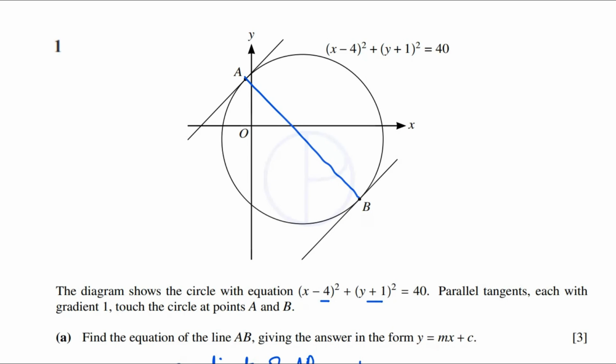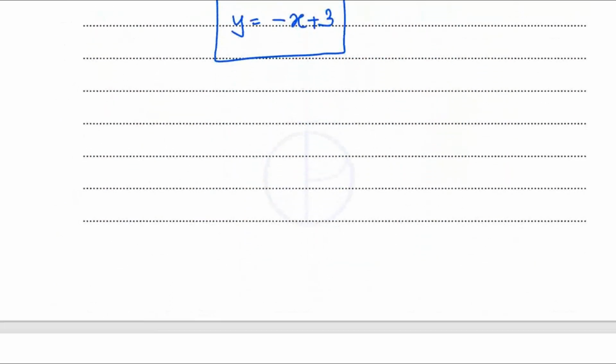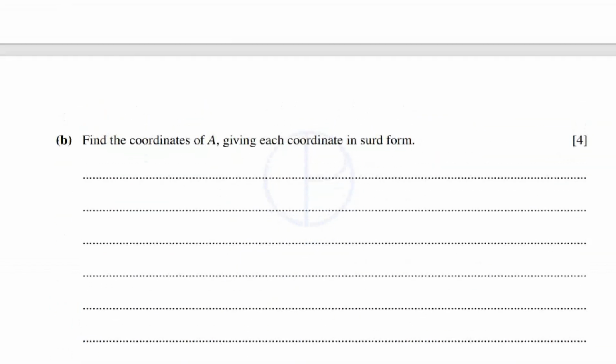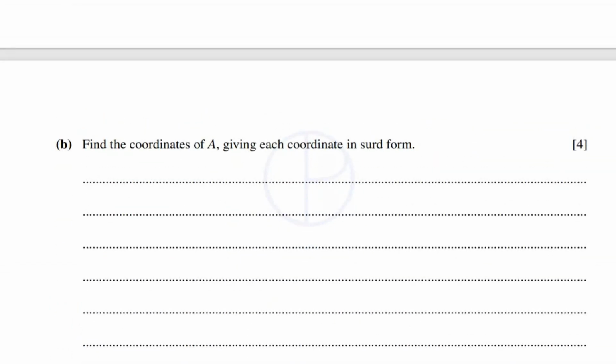So we will substitute the equation of the line in the circle equation. So (x minus 4) the whole square. For y, let's substitute y is equal to minus x plus 3. So (minus x plus 3, then plus 1), the whole square equal to 40.